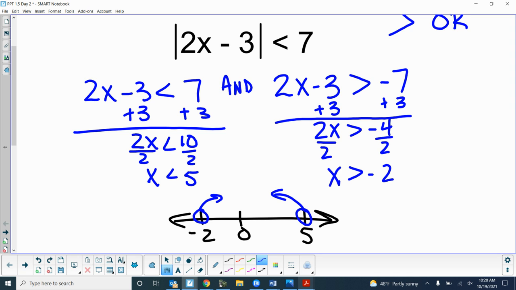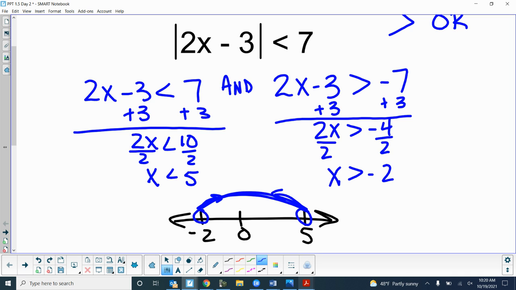Okay. So when it's an and problem, that means the intersection is what we want, where they overlap. So where do those two graphs overlap? In between, right? From the negative 2 to the 5. So any number I pick greater than negative 2 but less than 5 and substitute into the original problem, I'll get a true statement.